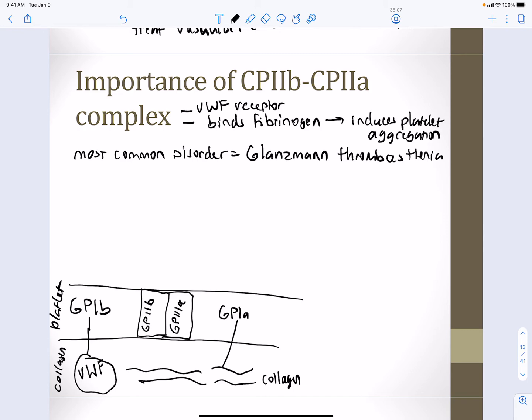And this is a defect in this complex, the GP2B, GP3A complex. And in addition, you have antagonists of this complex, which are more potent inhibitors of platelet aggregation than either aspirin or Plavix.